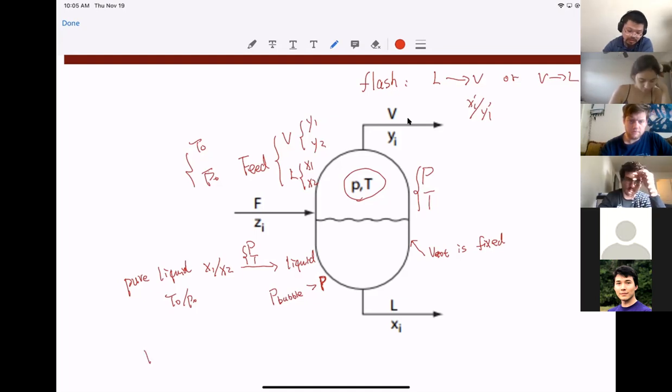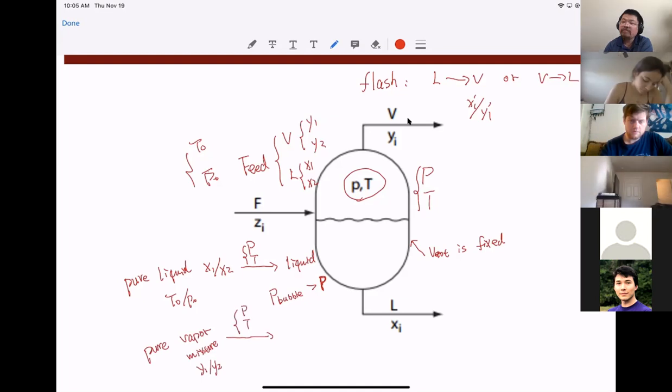The same story if you have this pure vapor mixture, because we are going to have Y1 and Y2. You may have the rare event that after this treatment, you still have this as the pure vapor. That is because you have not satisfied the dew pressure requirement. Okay, so that would be these two special cases.